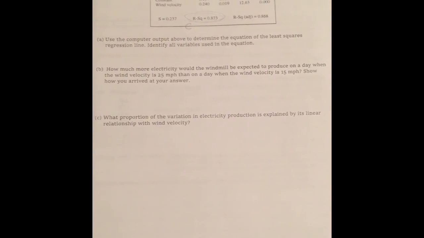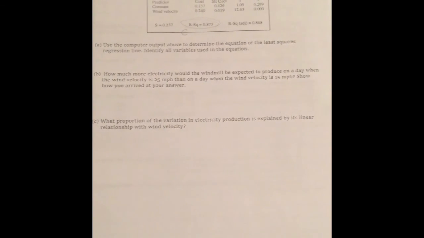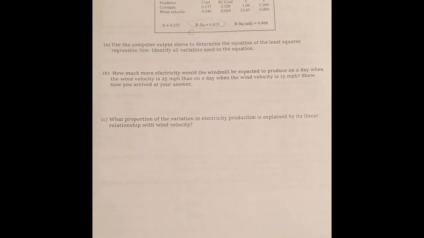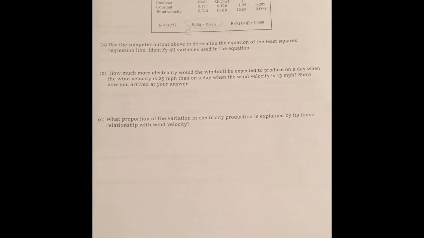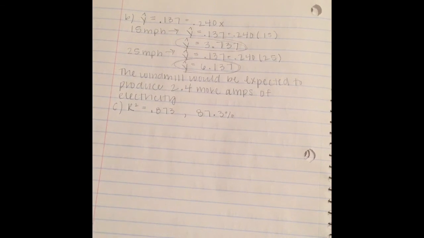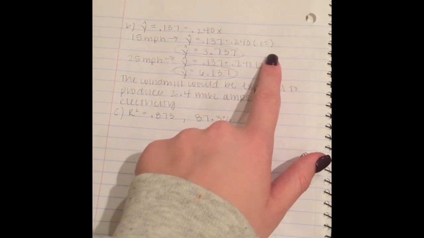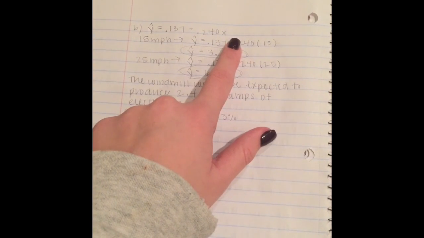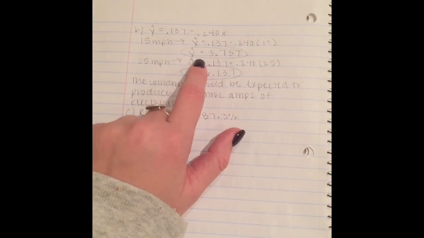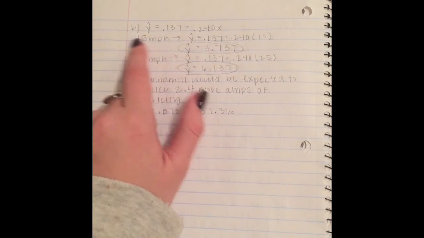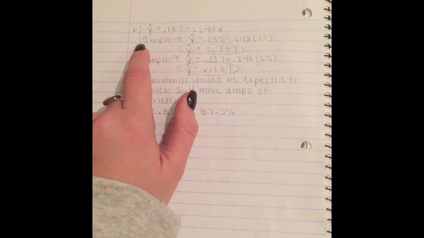Part B says how much more electricity would the windmill be expected to produce on a day when the wind velocity is 25 miles per hour than on a day when the wind velocity is 15 miles per hour, and show how you arrived at an answer. So I plugged in 15 miles per hour for x in our least squares regression line equation, and I got 3.737 amps are produced with 15 miles per hour winds.